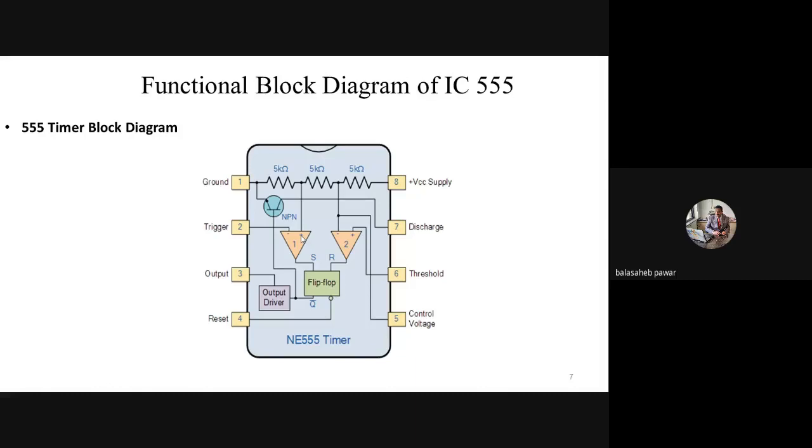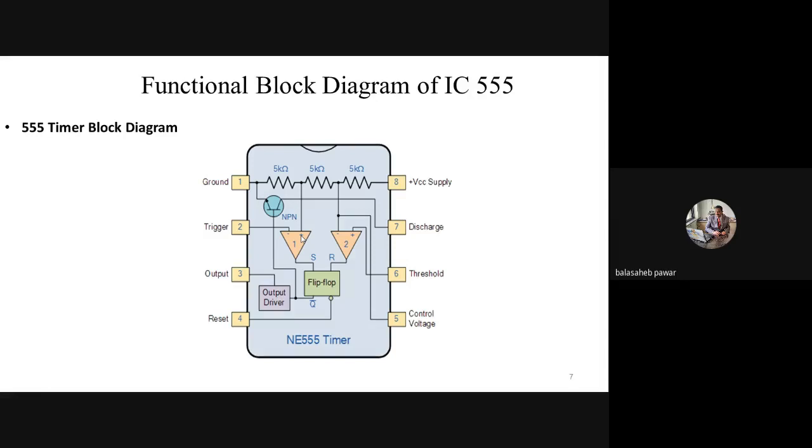That means we'll take one example. If the VCC used is a DC voltage of 12 volt, then for the first comparator, the reference voltage will be equal to 4 volts, because it is 1 by 3 times of VCC. How is it 1 by 3 times of VCC?